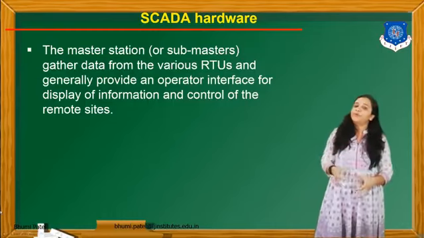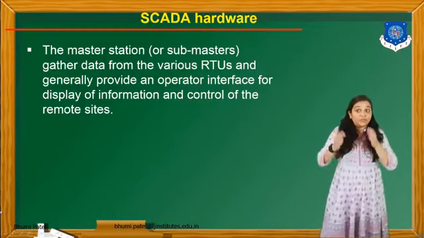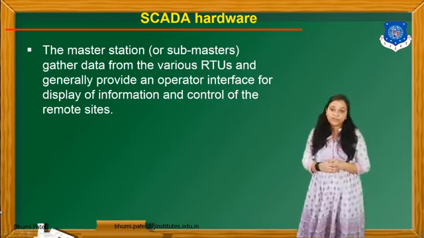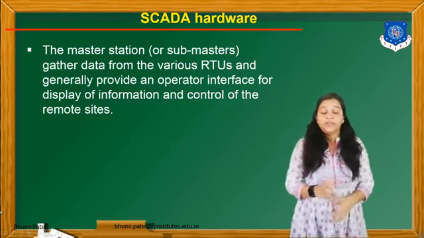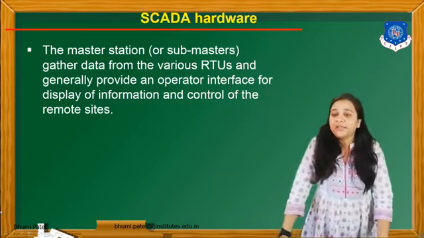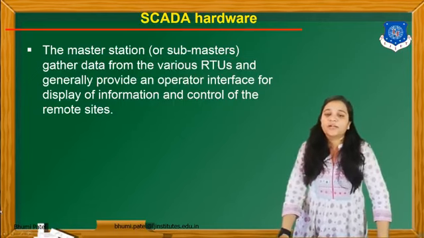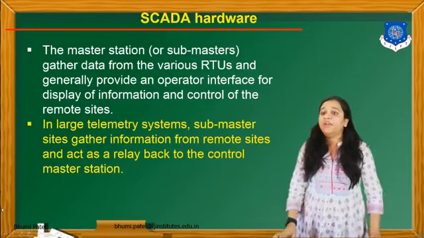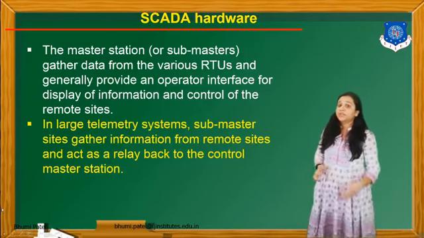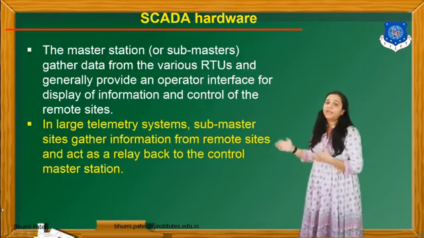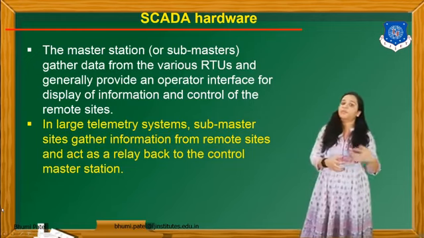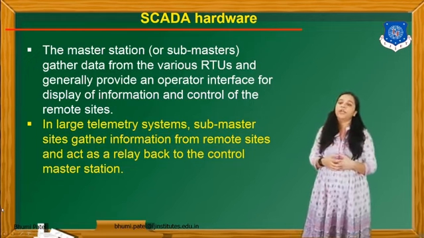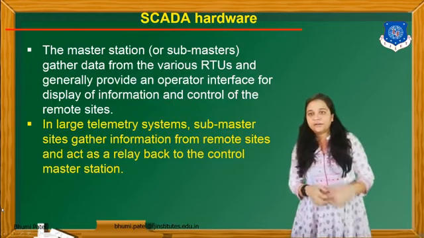Suppose we have to use a temperature control device, so they will display the temperature in the master computer, and then we have to control this temperature using this master station. Okay, now in a large telemetry system, the sub-master site gathers the information from the remote site and acts as a relay back to the control master station.